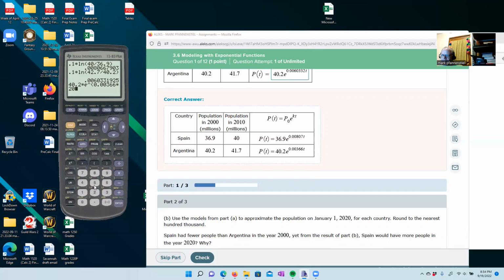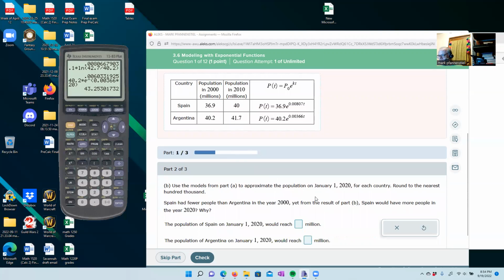Notice that it's still inside the parentheses. Then we'll just say enter. How many decimal places do they want? They want the nearest 100,000, so this is a million. We want 43 million, and the 100,000 is going to be the first decimal place. So it's 43.3 million.